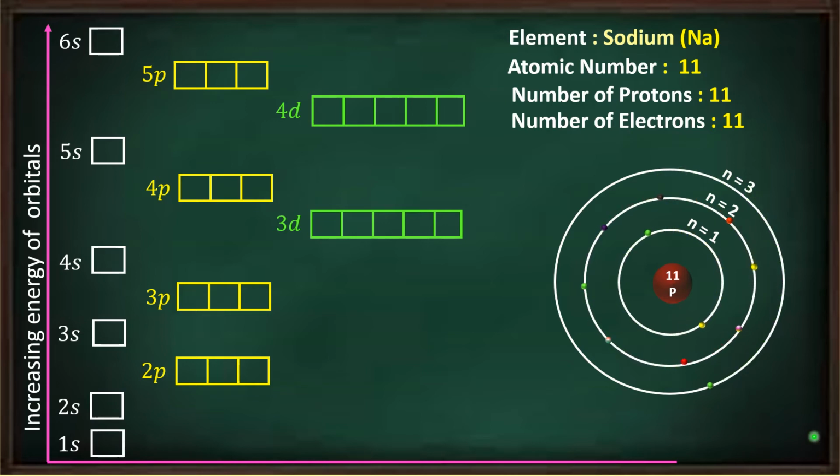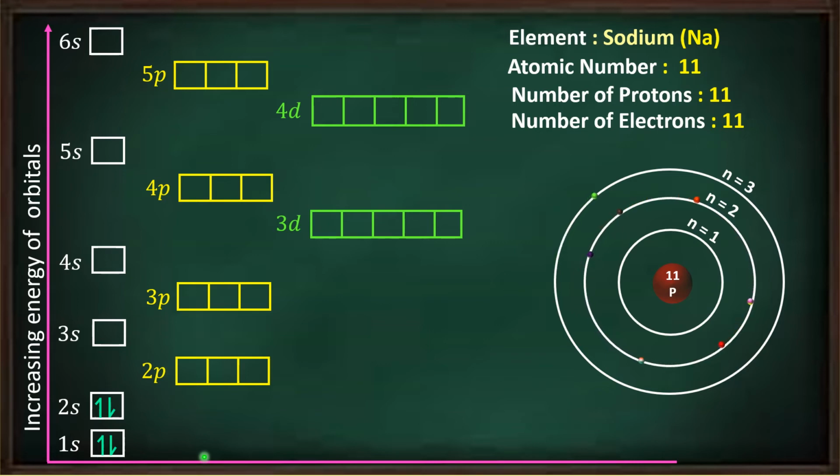So we have to fill all these electrons starting from the inner electrons. The first electron enters into 1s orbital. The second electron also enters into 1s orbital. 1s orbital is completely filled. Then the third electron enters into 2s orbital. The fourth electron pairs up with this electron.